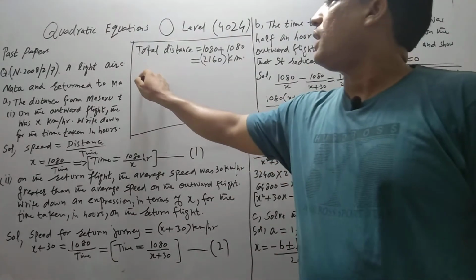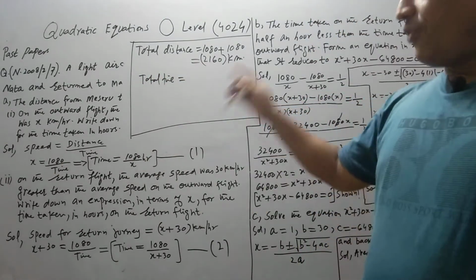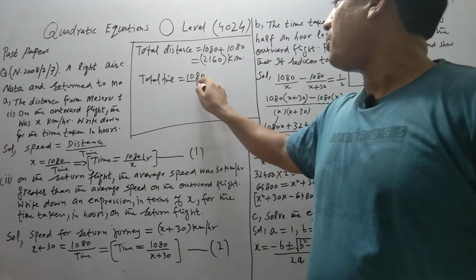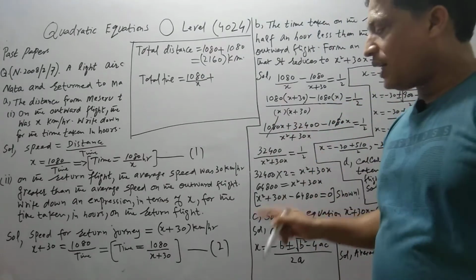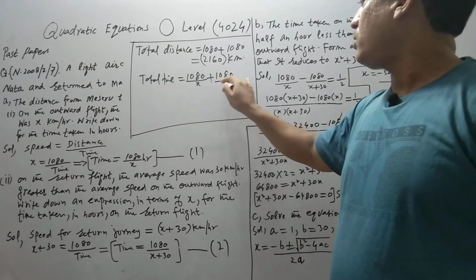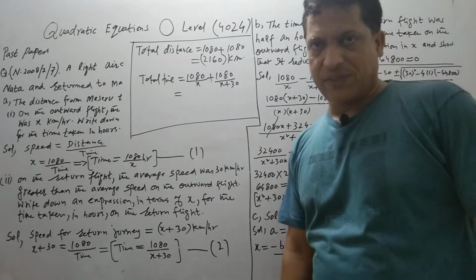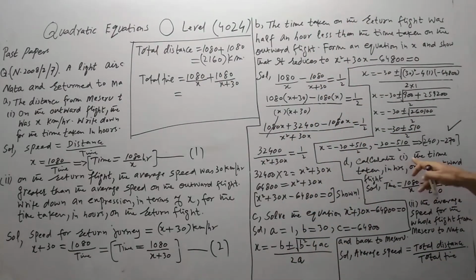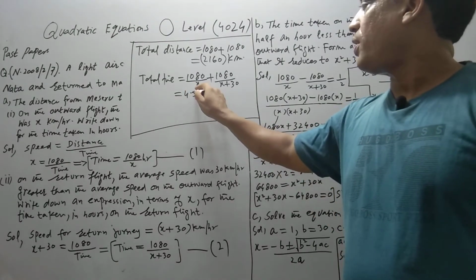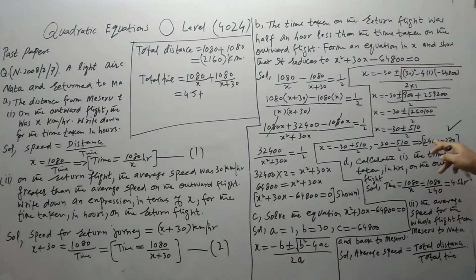Now find total time. Total time is from Maseru to Nata is 1080 upon x plus from Nata to Maseru backward is 1080 upon x plus 30. 1080 upon x we have already found in part 1 of D, which is 4.5. We have already found 4.5 hour, and you can also find 1080 upon x is 240.